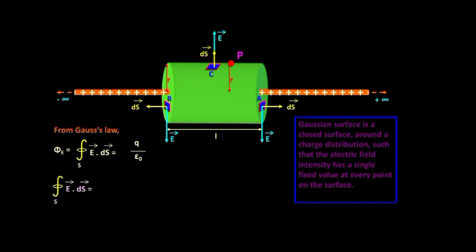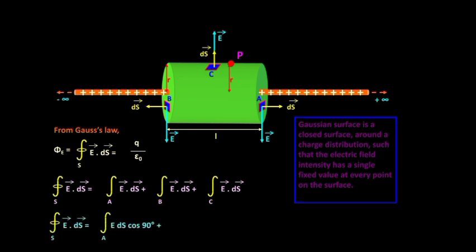So the total electric flux: one is for surface A, second one is for surface B, and third one is for surface C. There are 3 surfaces, and it will be the dot product of E and area, E dot ds. ds is a small area.